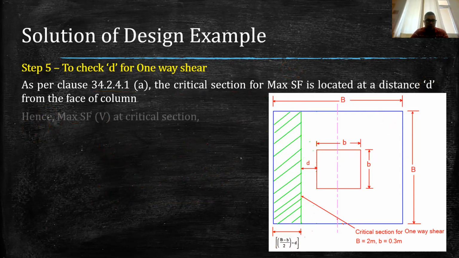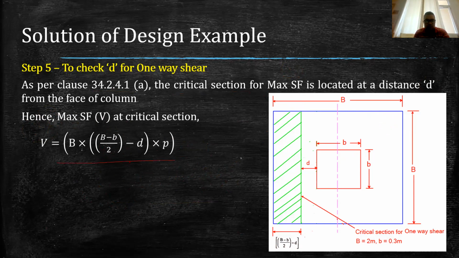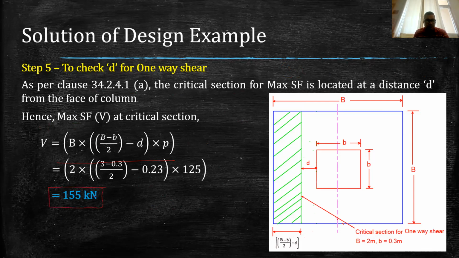So here the formula becomes B into, so this is what I have just formulated, and putting all the values here in kilonewton and meter units, we have the maximum shear force at the critical section as 155 kilonewton. Now once we get the V value, we can calculate the nominal shear stress also, because this is the stress caused due to the load.